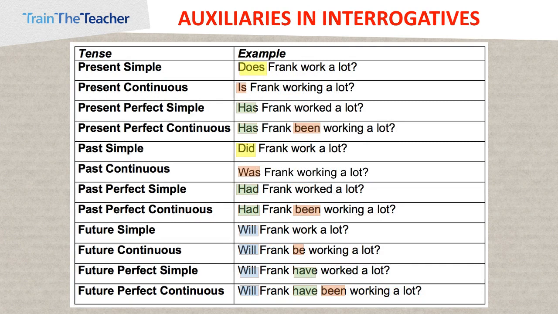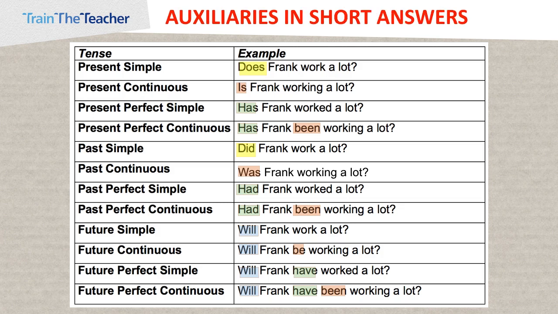We also see the auxiliary verb do when forming the interrogative present and past simple forms. Again, note that this auxiliary does not appear in any of the others. We also use them to form short answers.